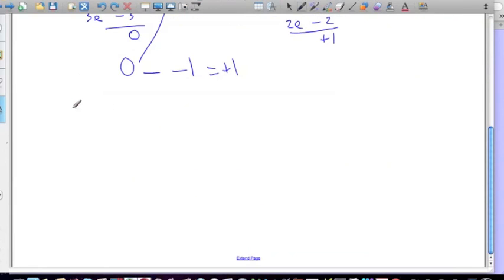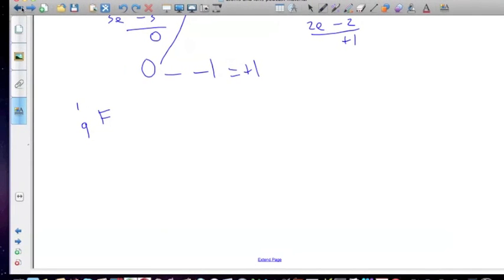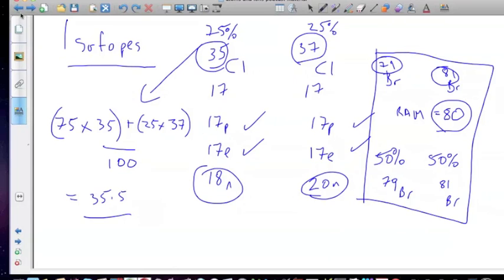What about chlorine or fluorine? We'll try fluorine. Well, fluorine is atomic number 9. Can't actually remember. Is it 19? Let's see.